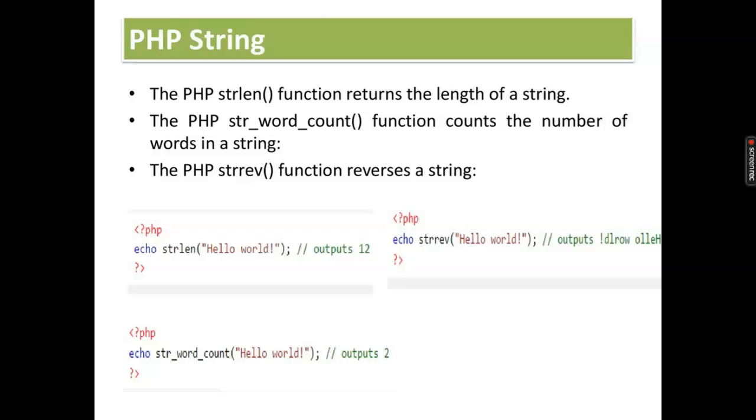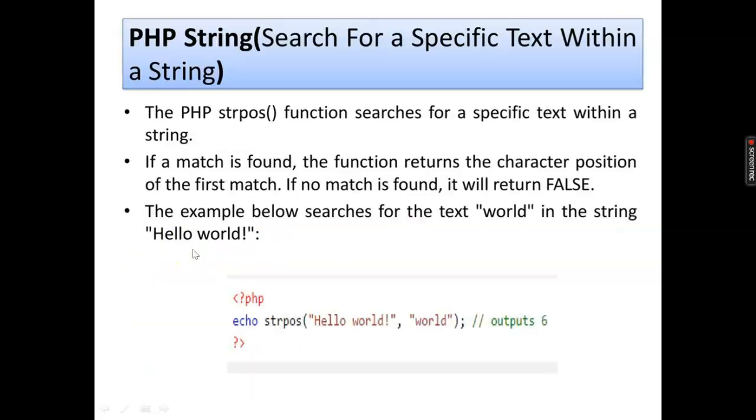Normally we write some code to find the word count, but here we have a simple function, str_word_count. The output is 2: hello is 1, world is 2, so 2 words are there in hello world. strrev is one of the functions used to reverse the string. To find the length of the string, we have the function strlen.